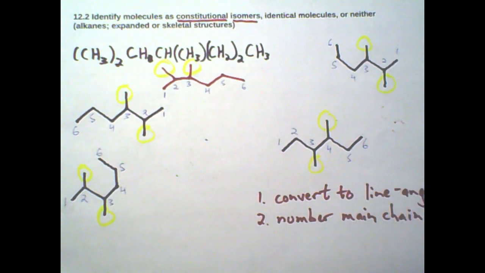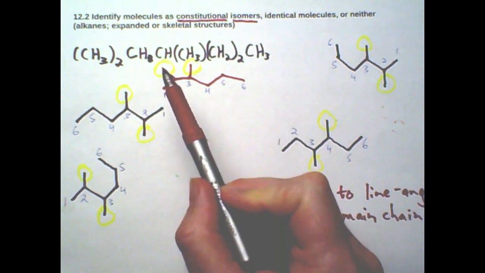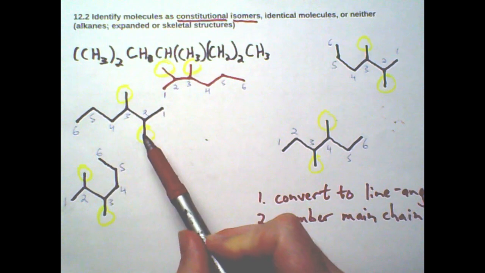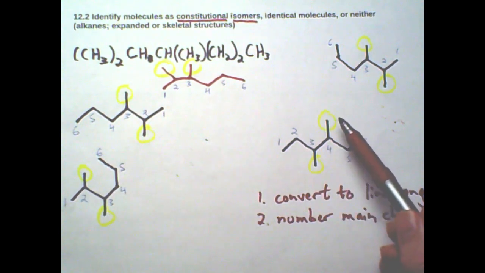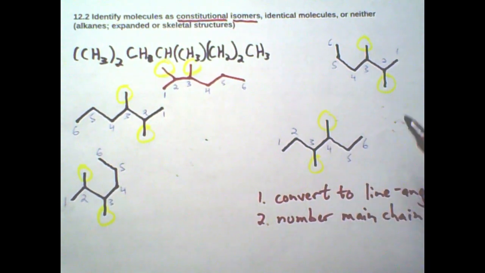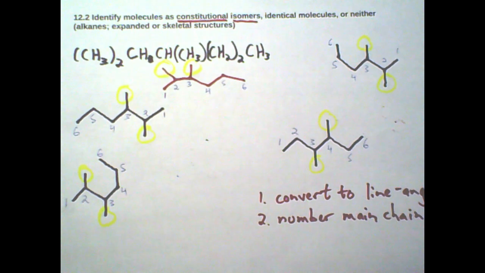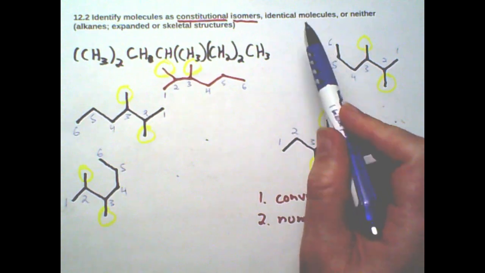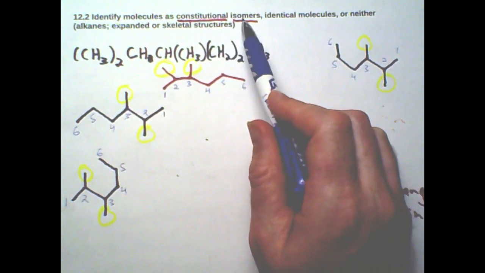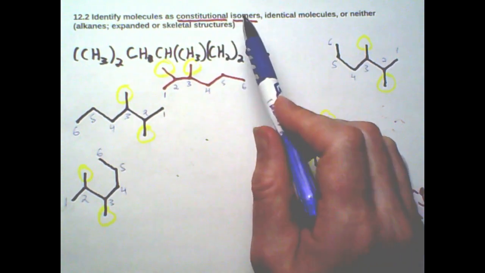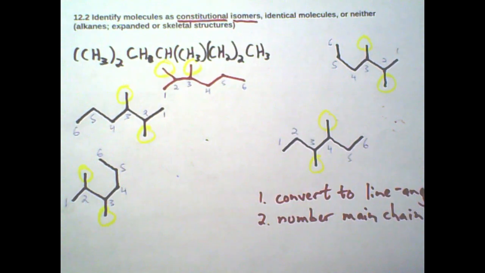And then the side chains need to be the same. And you'll notice every one of these has 2 methyl groups as side chains. So far, we can tell the formula's the same. All of these are either identical or constitutional isomers. All of the molecules on this page.